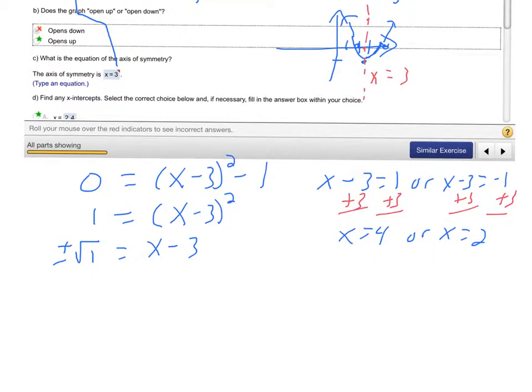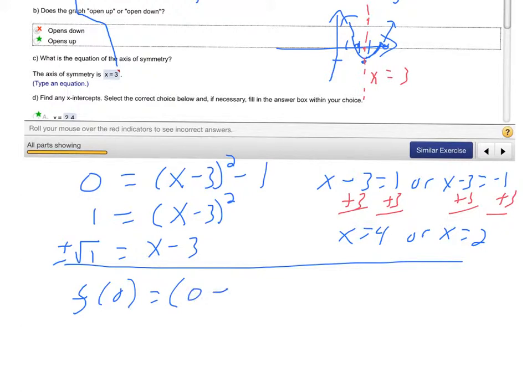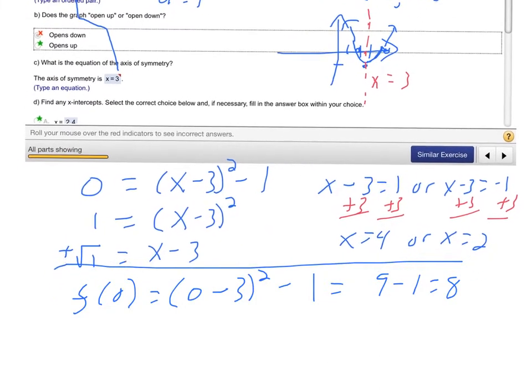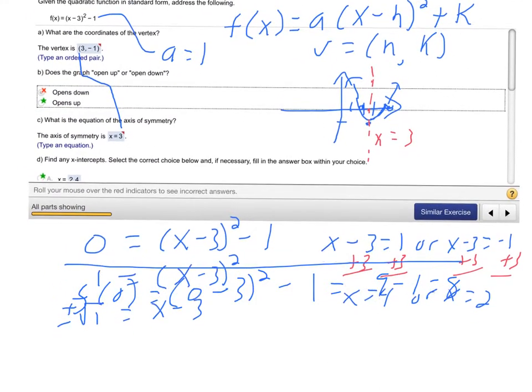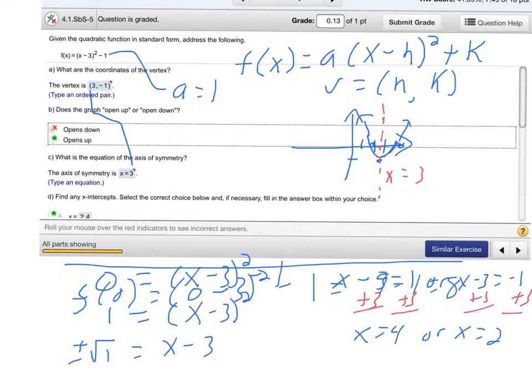I want to let x be 0. So I want to find f of 0. So I replace the x with 0. So it'll be 0 minus 3, closed parentheses, squared, minus 1. So that'll be 9 minus 1, or 8. So I'll cross the x-axis, oops, the y-axis, sorry, at 8.